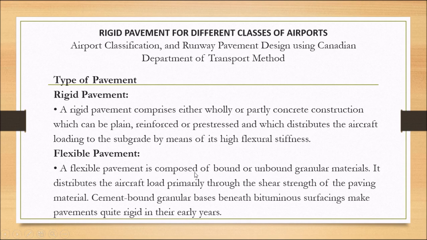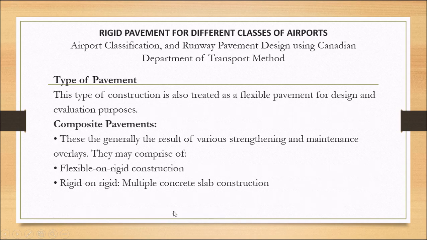A flexible pavement is composed of bound or unbound granular materials. It distributes the aircraft load primarily through the shear strength of the paving material. Cement-bound granular bases beneath bituminous surfacing make pavement quite rigid in their early years. This type of construction is also treated as a flexible pavement for design and evaluation purposes.